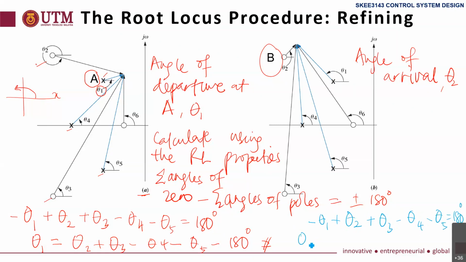So we can get theta 2 is theta 1 plus theta 4 plus theta 5 minus theta 3 plus 180 degrees. Theta 2 is the arrival angle. That means we use the properties: all zero angles are positive, all angles for poles are negative, then zeros minus poles must be 180 degrees.